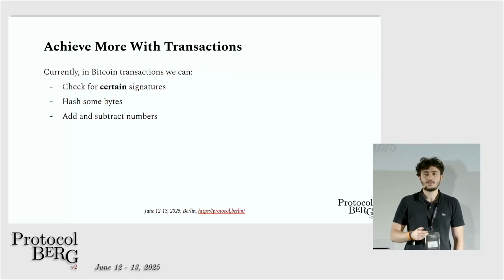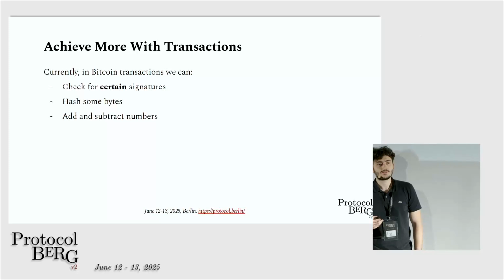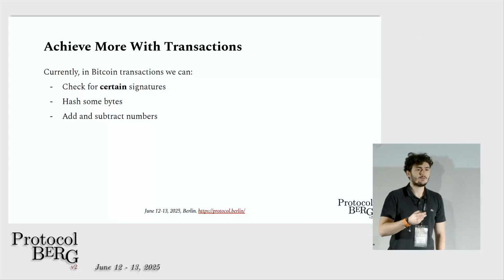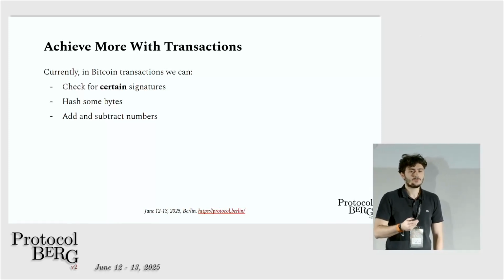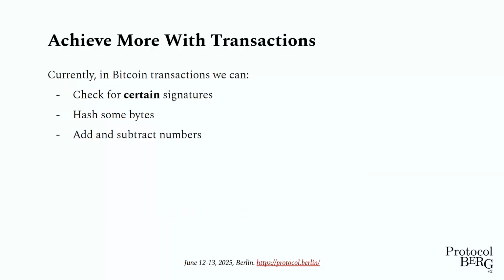On Bitcoin, you have Bitcoin script, a stack-based minimal programming language that tells you how an input can be spent, basically. And in this language, you're very limited. You can check for certain signatures. What I mean by certain is you can check for signatures only for certain serializations of the transaction. So you can't check for anything, basically.